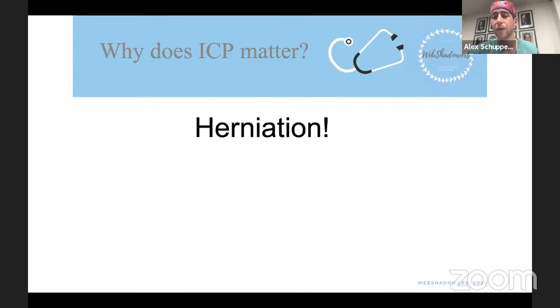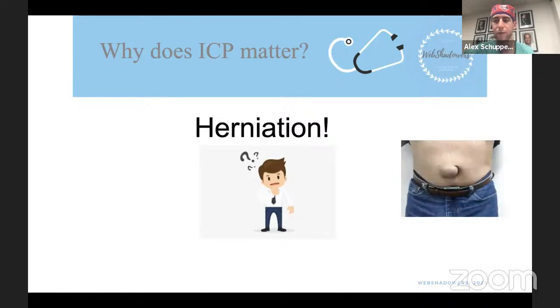So why this matters is because of herniation. Some of you guys are super smart and you already said it. So herniation is really important. Why is this so important? What do you guys think? I'll give you guys a couple seconds of why you think herniation is so important. You guys know what herniation is? You might know the word from this.